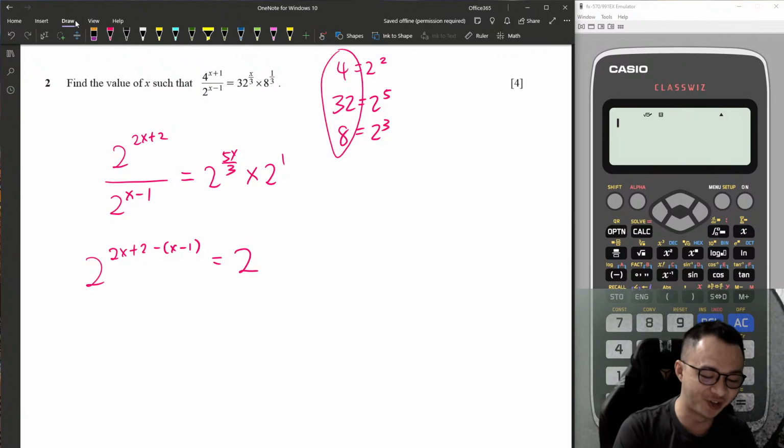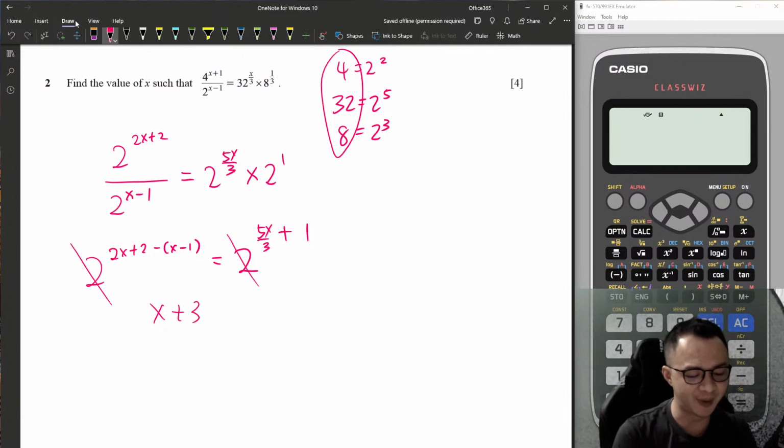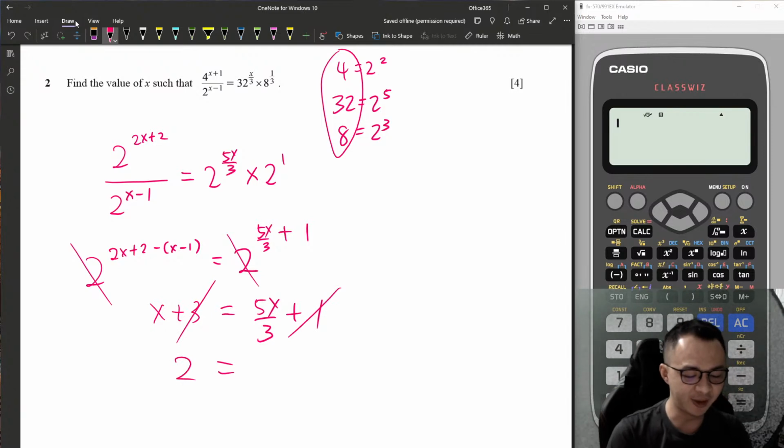This is 5x over 3 plus 1. See, it has the same base, so I can just compare the powers. I should have x plus 3 equals 5x over 3 plus 1. I move the 1 to the other side, I get 2 minus 1x, so I have 2 over 3 x. So my x will equal 3.